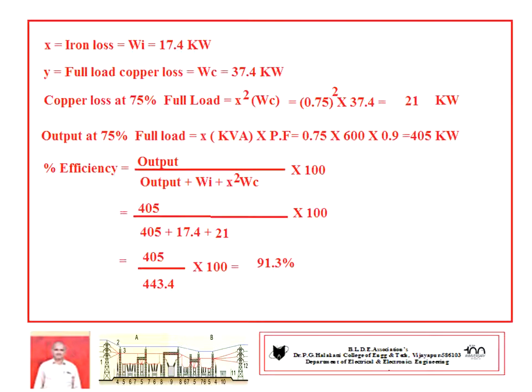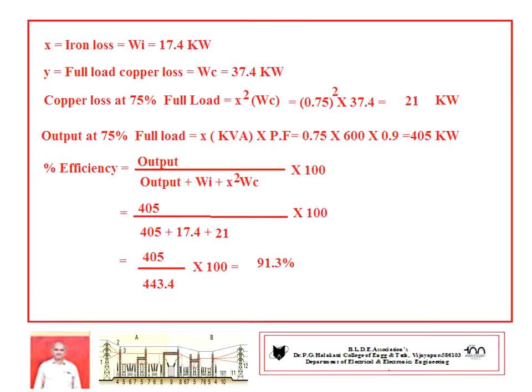So we are knowing iron loss, we are knowing full load copper loss. Again the same story repeats. We have to calculate efficiency at the given condition. So copper loss you calculate at 75% of full load, that x becomes 0.75. X square times of Wc, 0.75 square times of 37.4, it becomes 21 kilowatt.